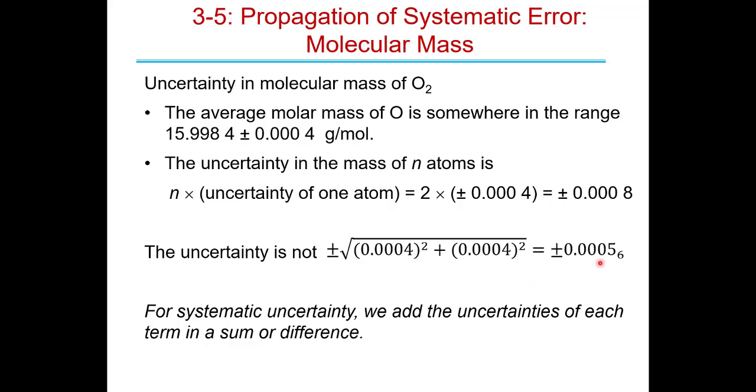And that's because in this case, we get some of that lucky cancellation of error. But if we're systematically high, we're always high in the same direction. So if you have 2 oxygen atoms and they're both off by 0.0004 high, you could be off by as much as 0.0008. Right? So that would give us the uncertainty in our molar mass of oxygen.